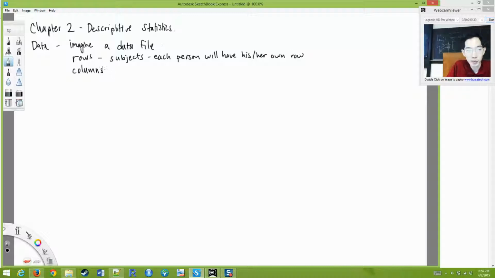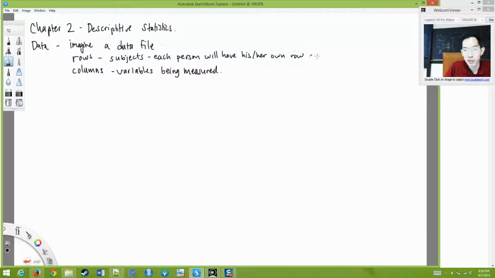And the columns are the variables being collected, variables being measured. So these different aspects we are measuring. There we have subjects.